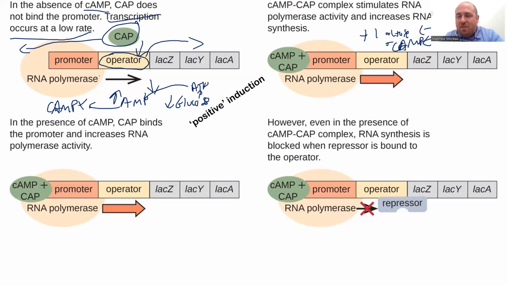And in the presence of lactose, the operator is no longer bound by the repressor, so that's gone. cAMP binding CAP protein allows it to bind that CAP site, and this enhances transcription, so it increases RNA biosynthesis.